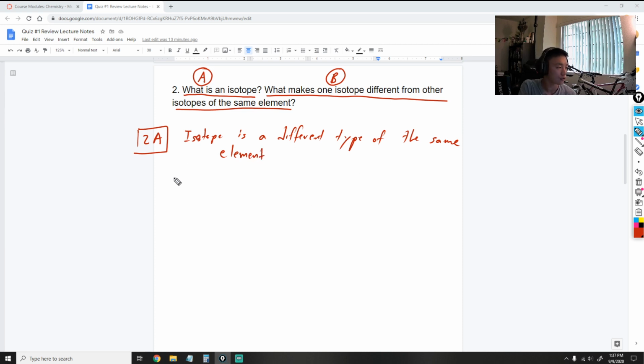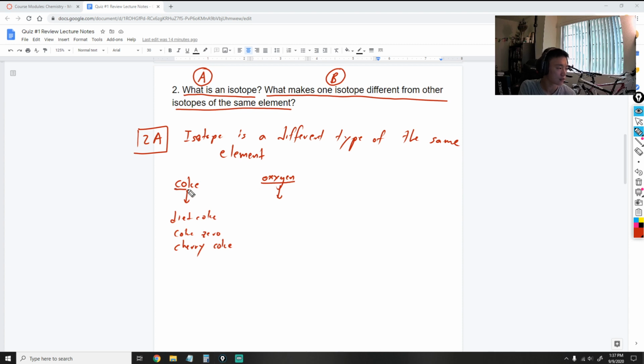In our lecture video about isotopes last time, we talked about how we have different types of soda, right? We have like Coke, and then there's different types of Coke, right? There's Diet Coke, there's Coke Zero, there's Cherry Coke, and the list goes on and on. Just like how there's different types of Coke, if we have an element, let's say, for example, like oxygen, there's different types of the same element.